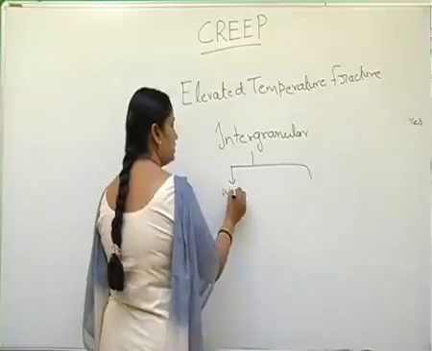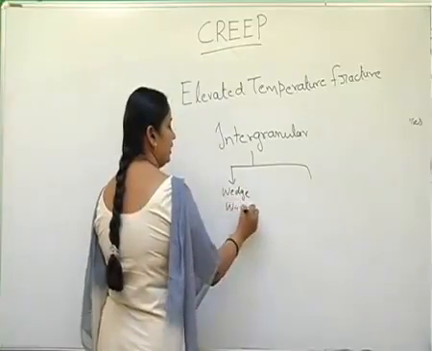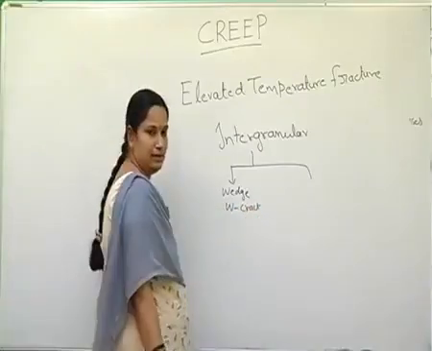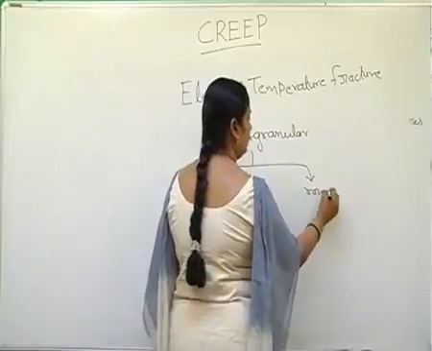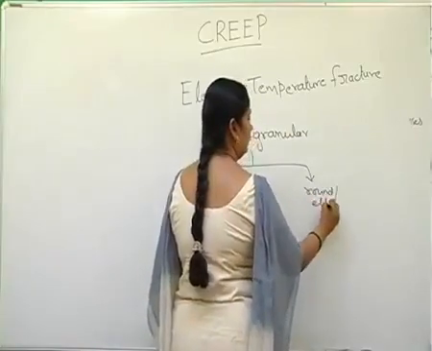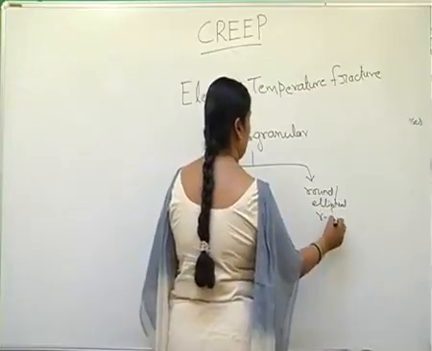The two types of cavities are, first, wedge cracking, also known as W type of crack, and second, round or elliptical cracking, also known as R crack.